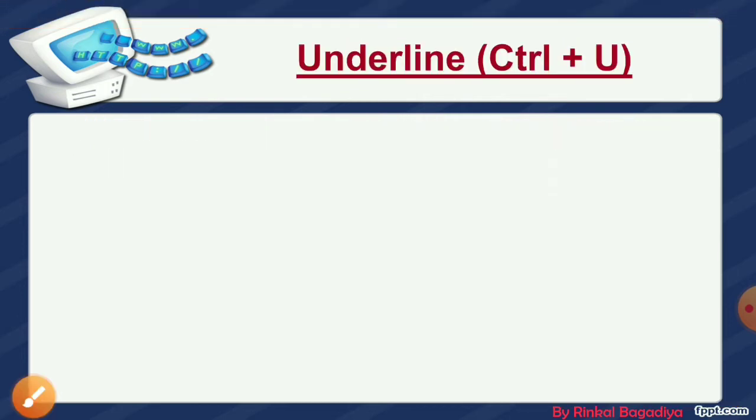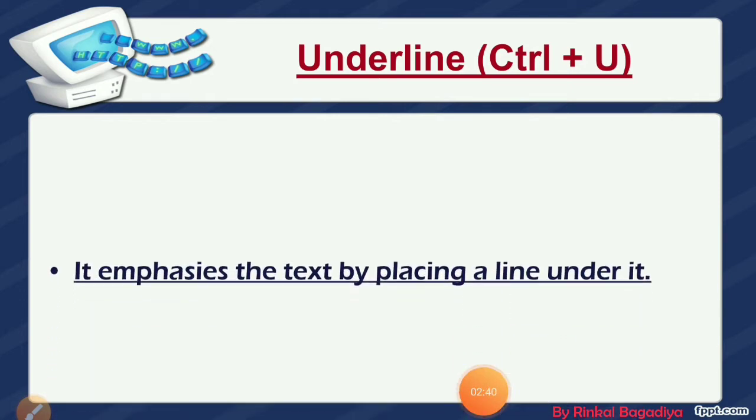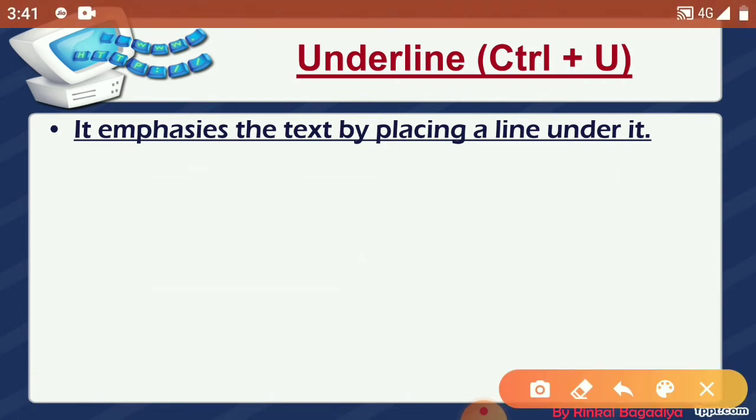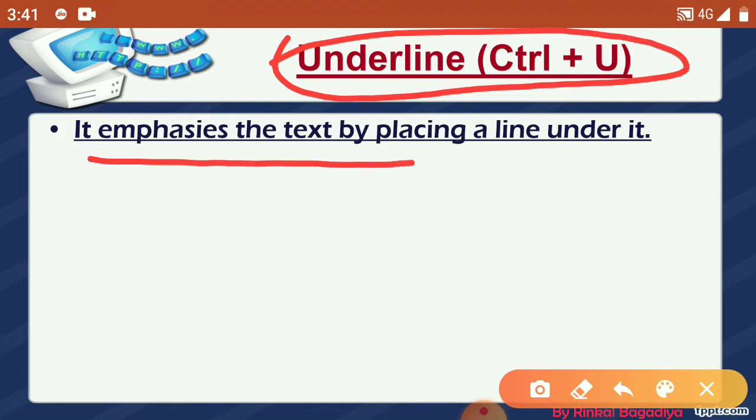Now next is underline effect. Control plus U is the shortcut key of this option. This option emphasizes the text by placing an underline under the text or sentence. You can see on the screen here this word is already underlined and this sentence is already underlined because I applied the underline effect on this text.